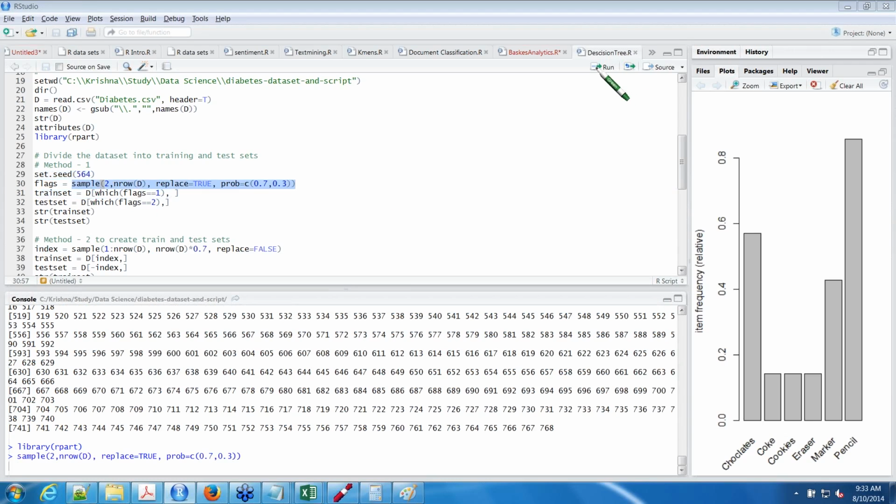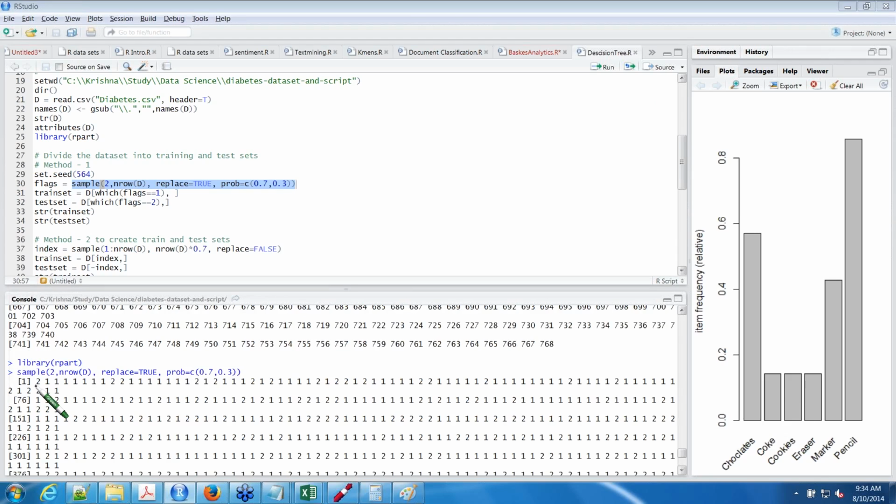If I run this, I will get the first record is the second sample and the second record is the first sample. So I'm saying get me 2 samples out of 768 records, with no replacement, no repetition, with 70% for the first and 30% for the second sample. Is the sample statement clear?